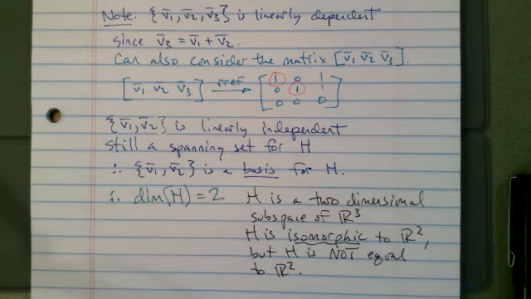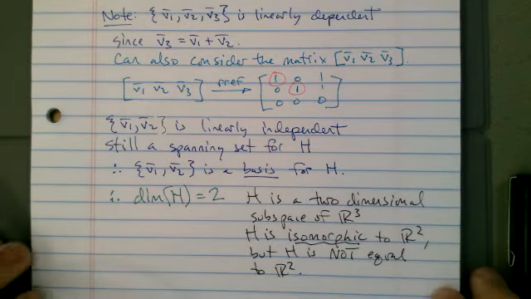All right. One of the things that we're going to want to do with a basis is, since V1, V2 is a basis for H, it's a linearly independent spanning set. That means every vector in H is a unique linear combination of the vectors V1 and V2.